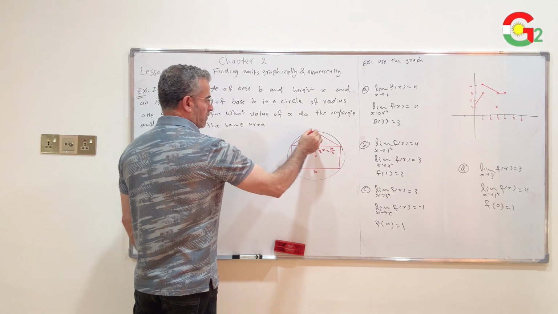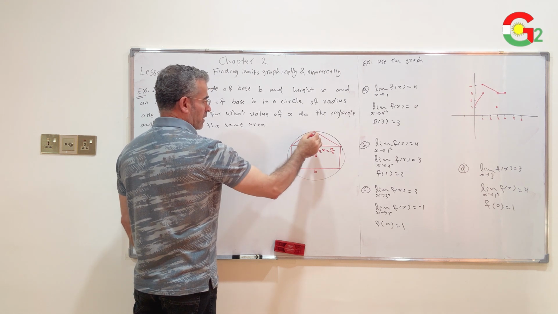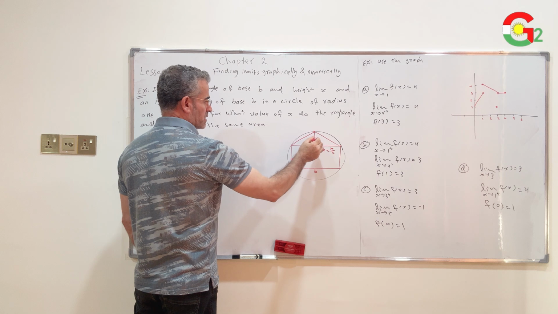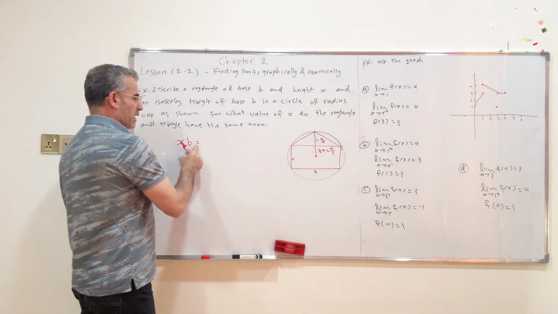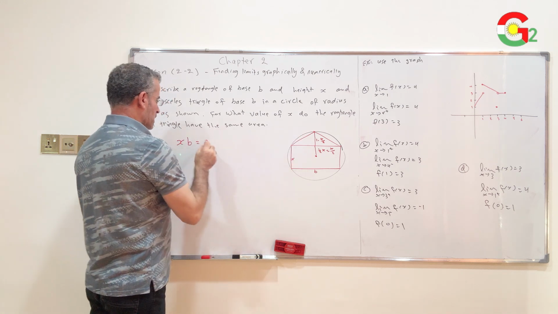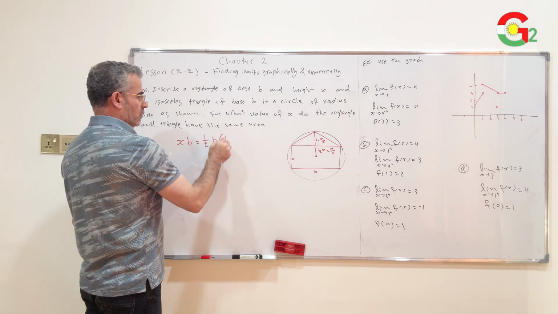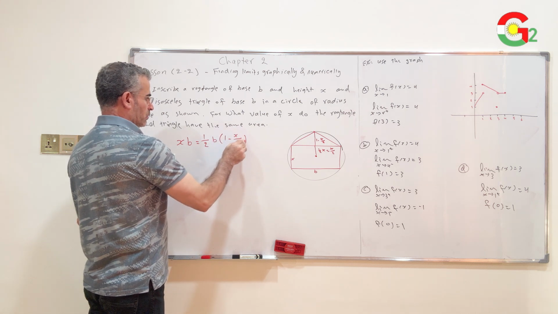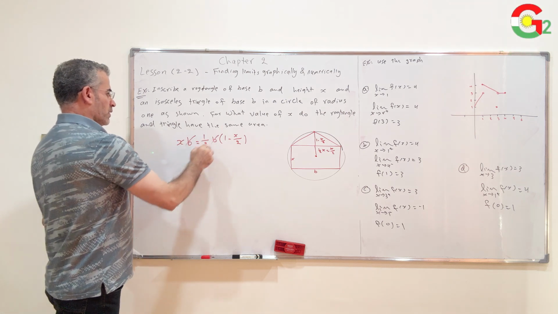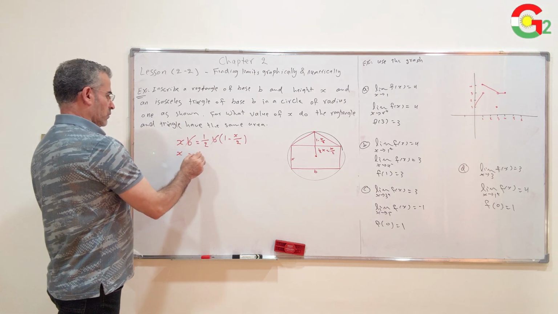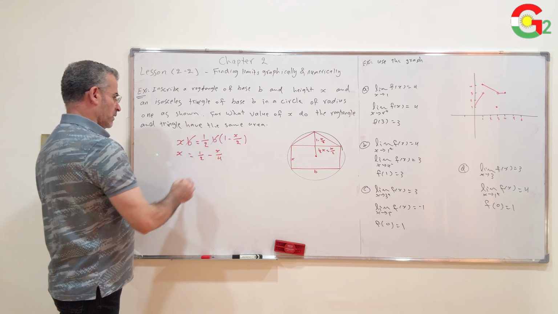This distance from the circumference to the center is 1. Therefore, this distance is 1 minus x over 2. Now, the area of the triangle is 1/2 b times 1 minus x over 2, times the height of the triangle. Now, cancel b with b, x equals 1/2 minus 1/2 times x over 2, x over 4.